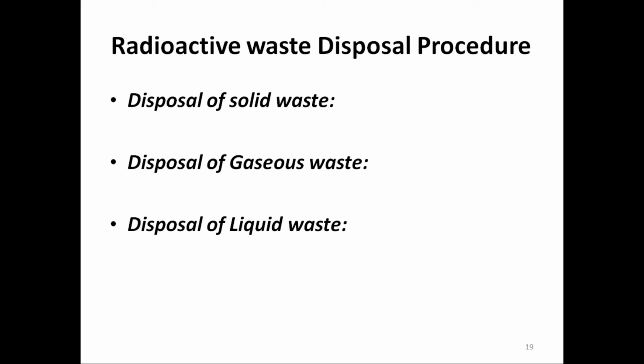Disposal of liquid waste. Liquid waste is mobile in nature, so it needs to be stored carefully and managed efficiently. The treatment of liquid waste depends on its category. There are three categories of liquid waste: low level waste, intermediate level waste and high level waste.